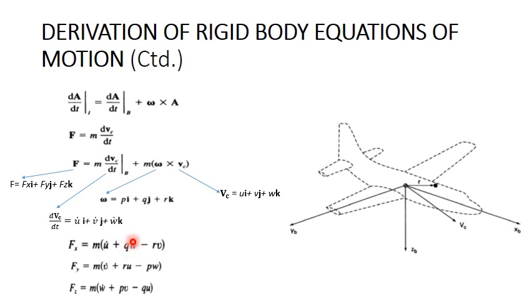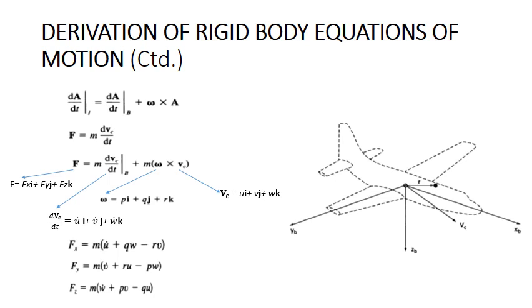So the total unit will be meter per second squared, which is acceleration. So acceleration times mass is a force unit. So these are the three equations of motion coming from the conservation of linear momentum.